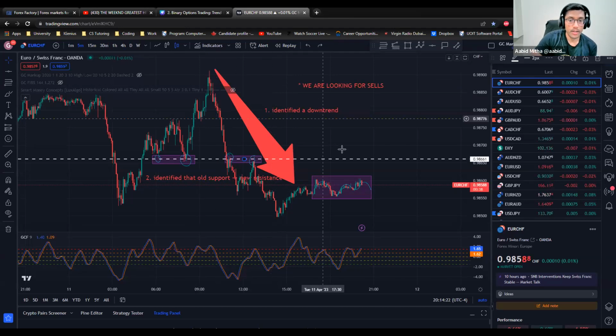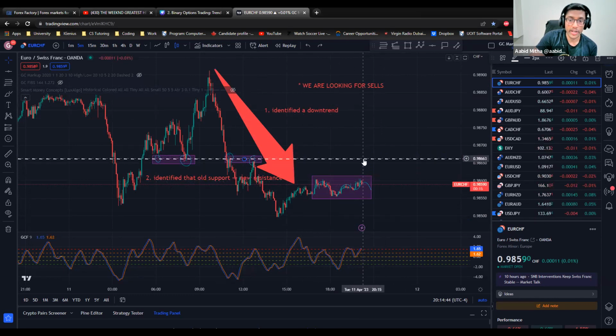But as of now, we could see it test this area again and come back down. But we already have seen it almost twice, right? So we've seen it hit once, come back down, hit again, almost hit again, come back down. So the third time, in my opinion, is a little risky.